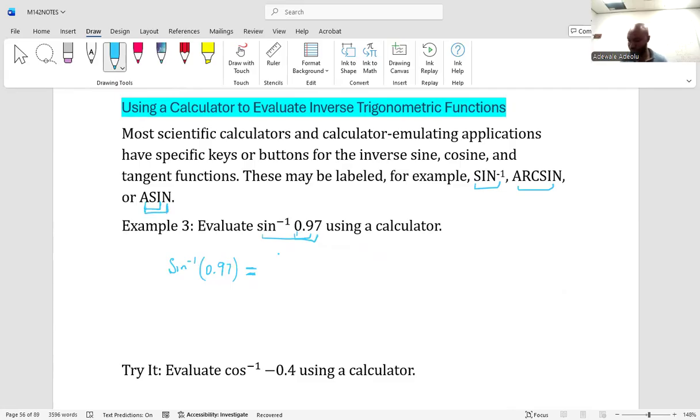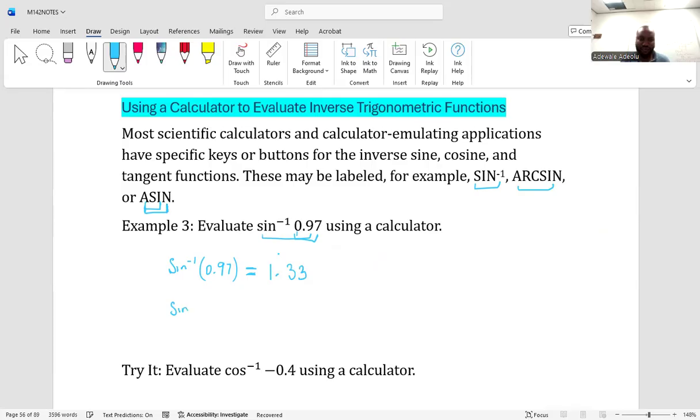So I will put 0.97, just like this, and the answer, and look at my calculator, it's in radian, is 1.325. So let me just say 1.33.